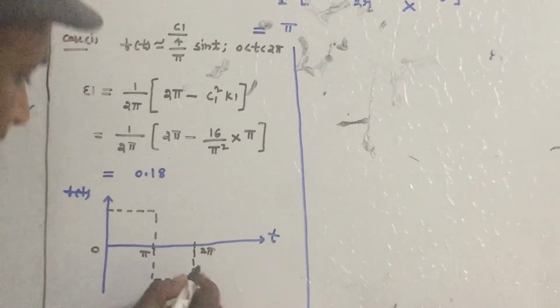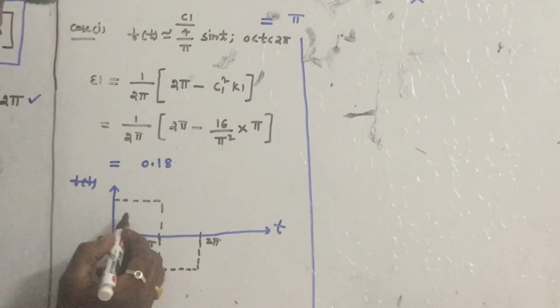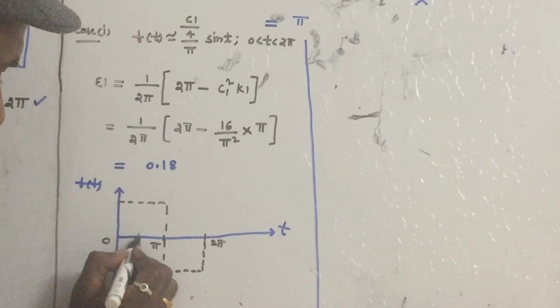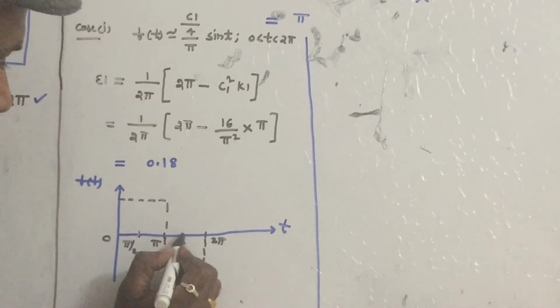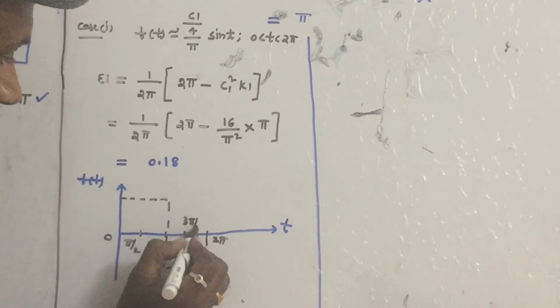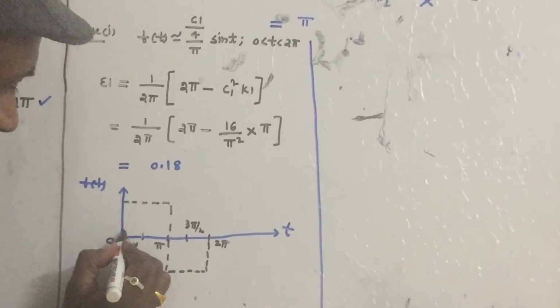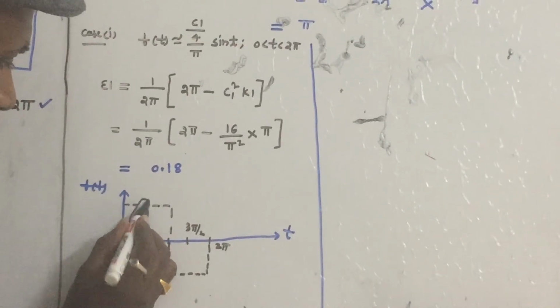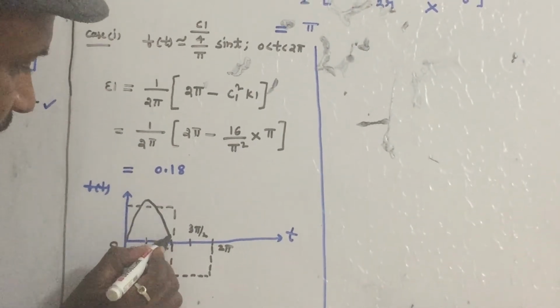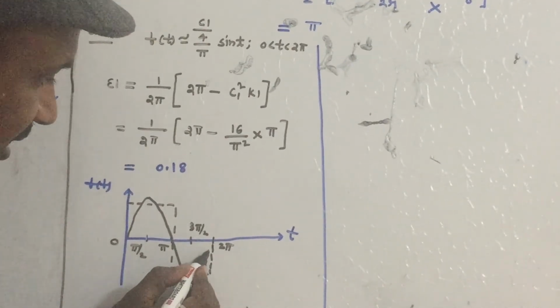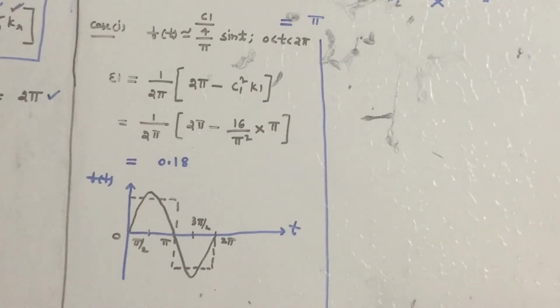Now we are approximating this signal with only one orthogonal function. What is the answer? The answer is sine. Here pi by 2 and 3 pi by 2 are marked. Sine pi by 2 is 1, so the amplitude reaches 4 by pi. Sine pi is 0. Sine 3 pi by 2 gives minus 4 by pi. Sine 2 pi is 0.